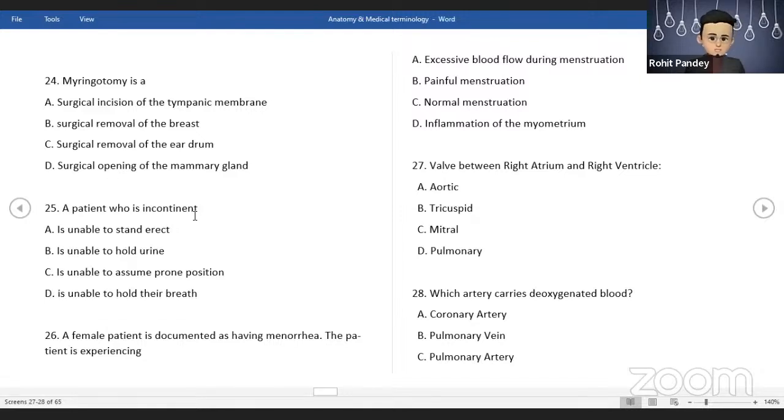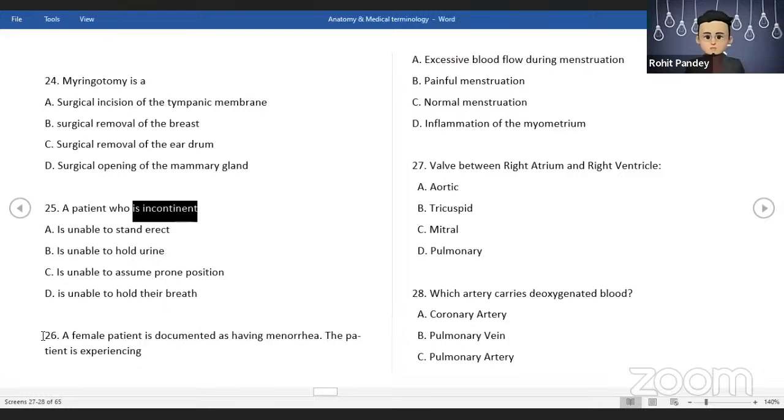Okay, incontinent is a person who is unable to hold urine. That is called urine incontinence. The ICD-10 code for urine incontinence is R39.81.